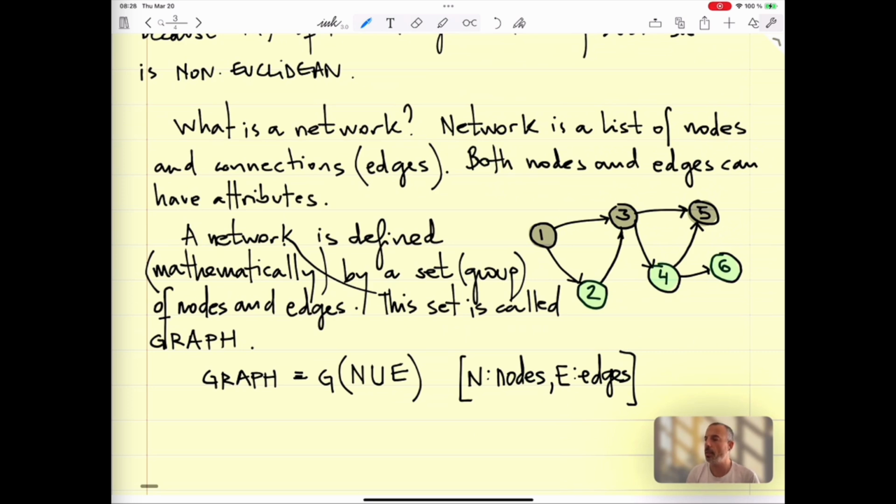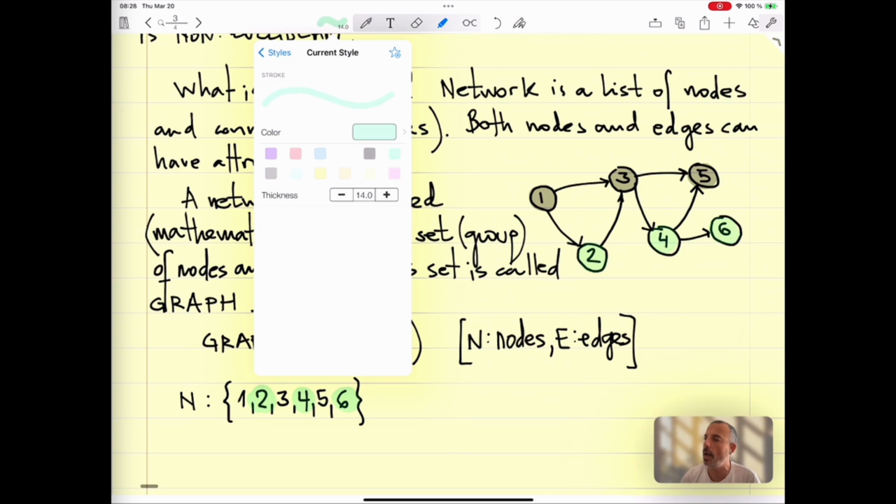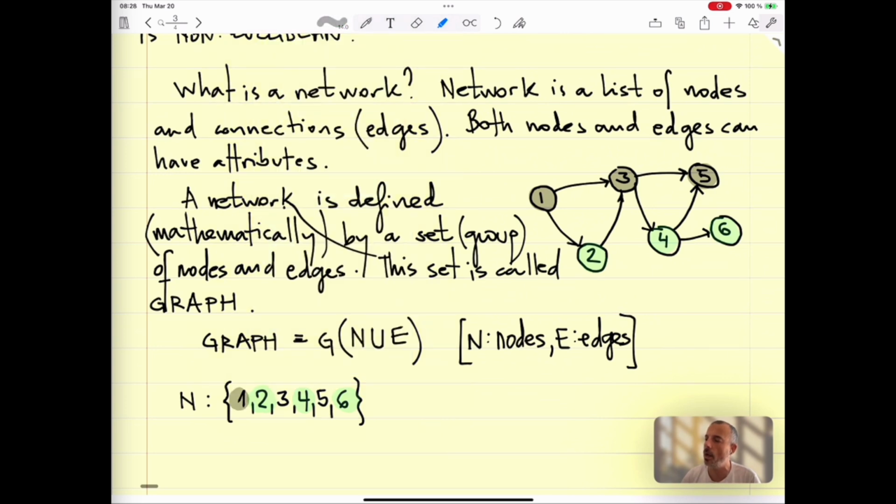In our example, it's an intuitive example, but still, the nodes are node 1, 2, 3, 4, 5, and 6 with certain characteristics. 2, 4, and 6 are light colored, and 1, 3, and 5 are dark colored.